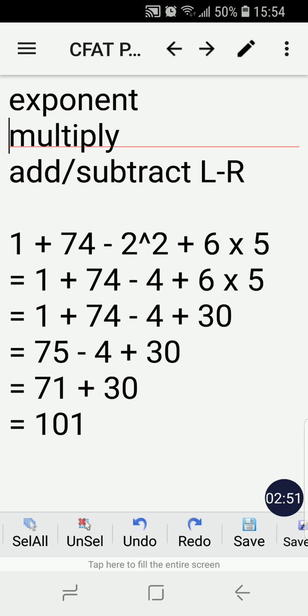Then the third step now is to add or subtract from left to right. So then we got 1 plus 74, we just add them, we get 75, minus 4, and then plus 30. So 75 minus 4, we get 71, and then plus 30, we got 101.